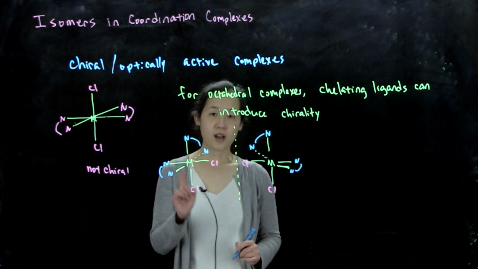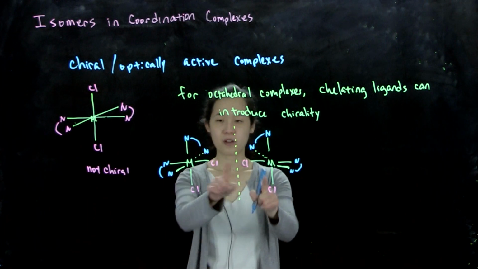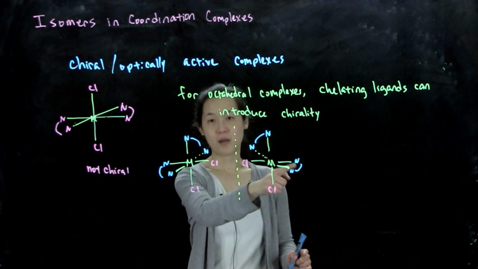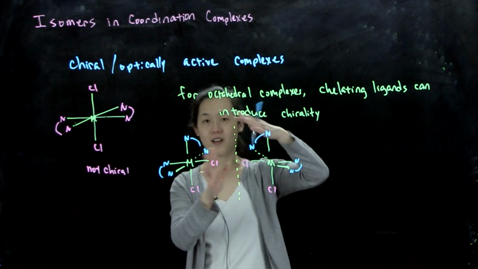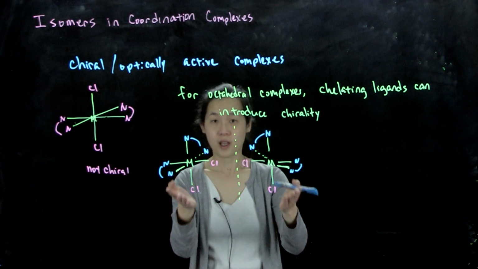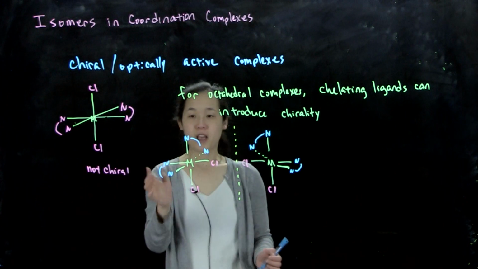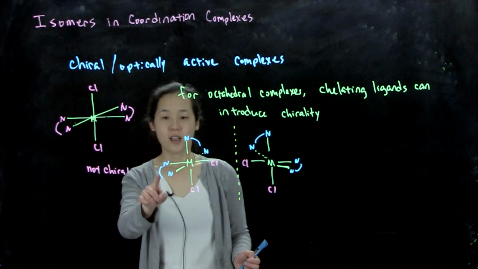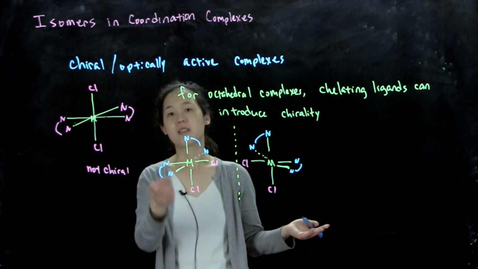These should be non-superimposable. No matter how I rotate these, if I move the chlorides this way and turn this around, these ligands will not be in the same position. That's why this is chiral. These are two enantiomers of each other. And that's because of the backbone linkage of the chelating ligand. If we removed it and had 4 ammonias, of course it would not be chiral because we would easily be able to mirror itself.